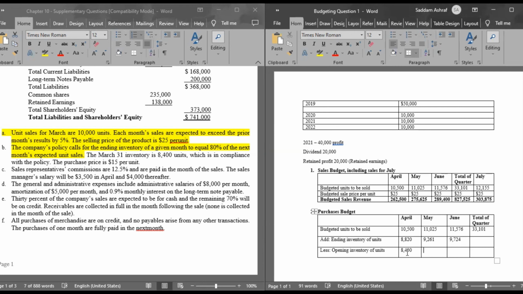This ending inventory of April will be the opening inventory of May, so the answer is 8,820. In the month of June, the opening inventory will be the ending inventory of May, which is 9,261 units.